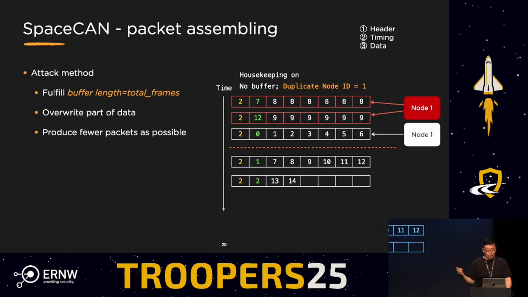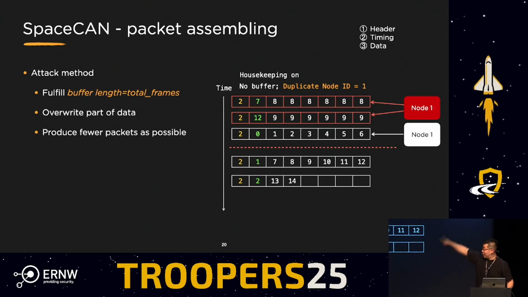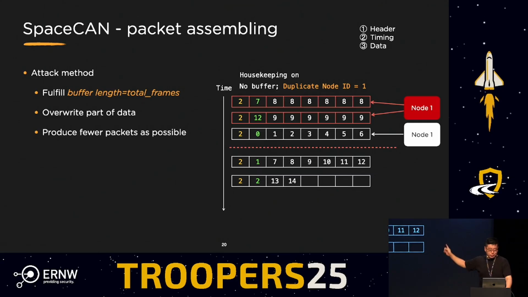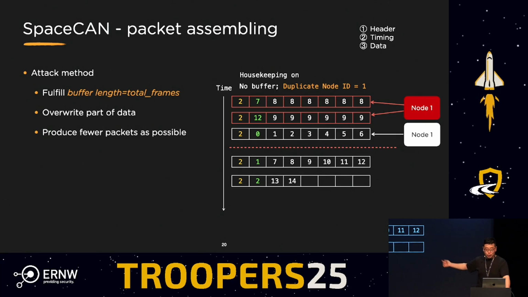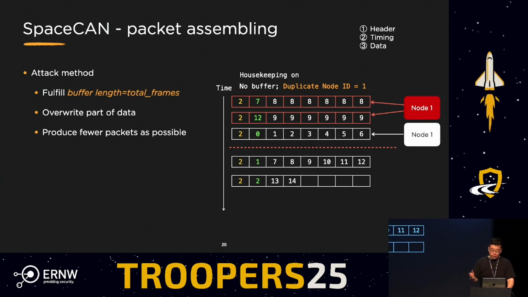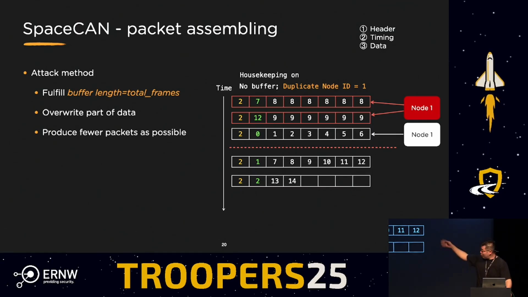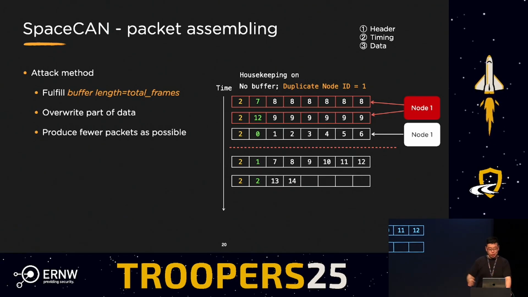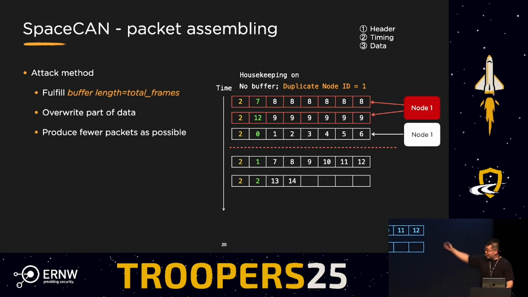The malicious node ID 1 can send an incomplete frame at first, so the buffer will be created at the first frame. And then when the third frame from the normal node ID is sent to the controller, it will match the condition that total frame equals 3, and you will start to assemble by the order in the second reserved byte.